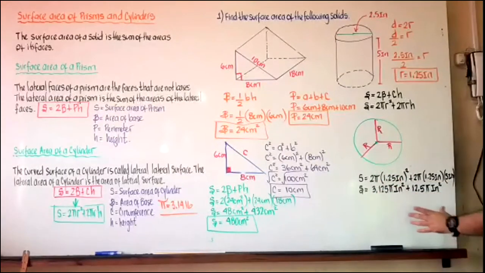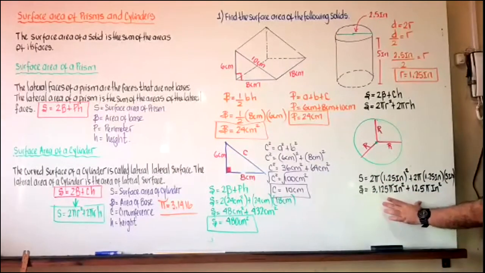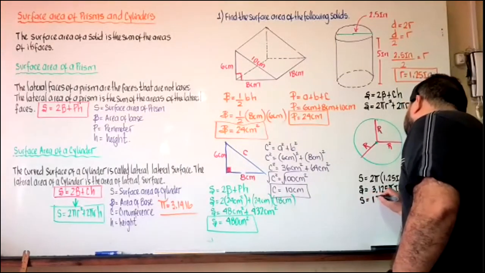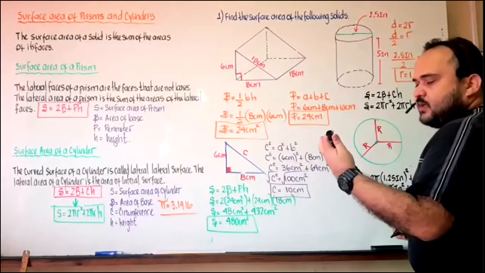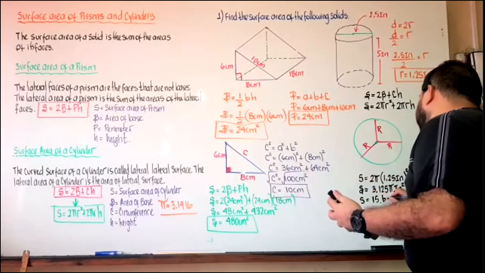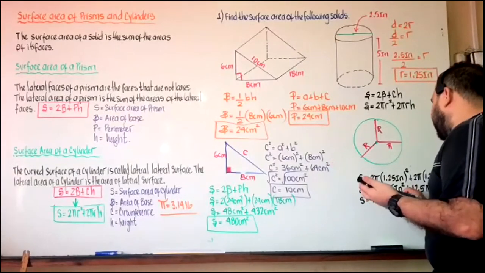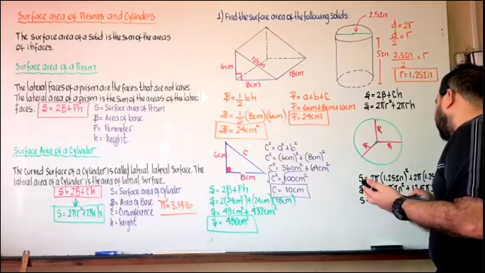And if you see, we have like terms, so we're going to add these decimal numbers: 3.125 plus 12.5, and that will be 15.625 pi square inches.